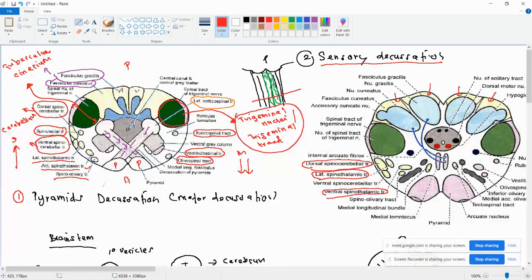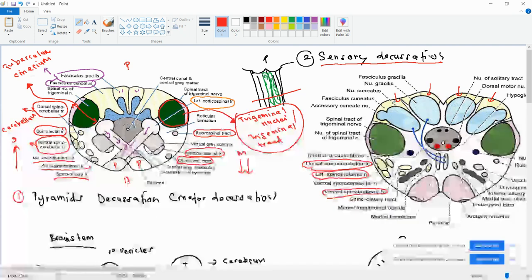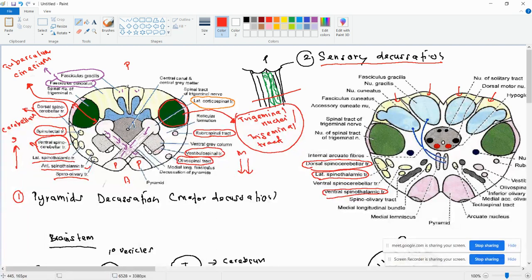This is what you call the fasciculus gracilis medially, and this fasciculus gracilis will extend upward until it reaches the mid level of the medulla oblongata. Same thing with the fasciculus cuneatus. The difference is that at the pyramid decussation, you can only see the fasciculus gracilis and cuneatus, which means you can only find the tracts.